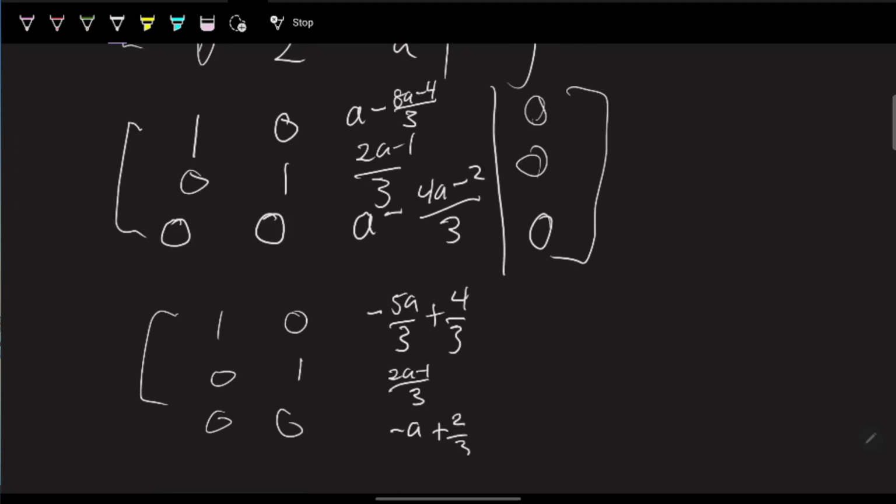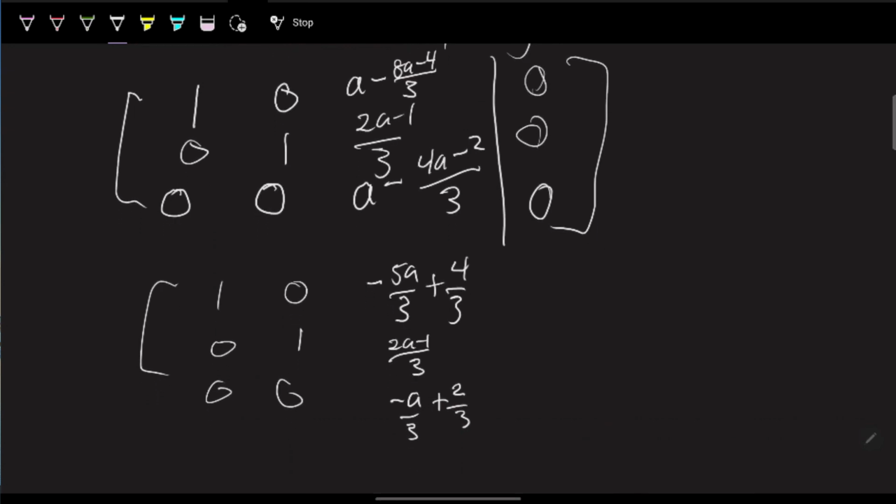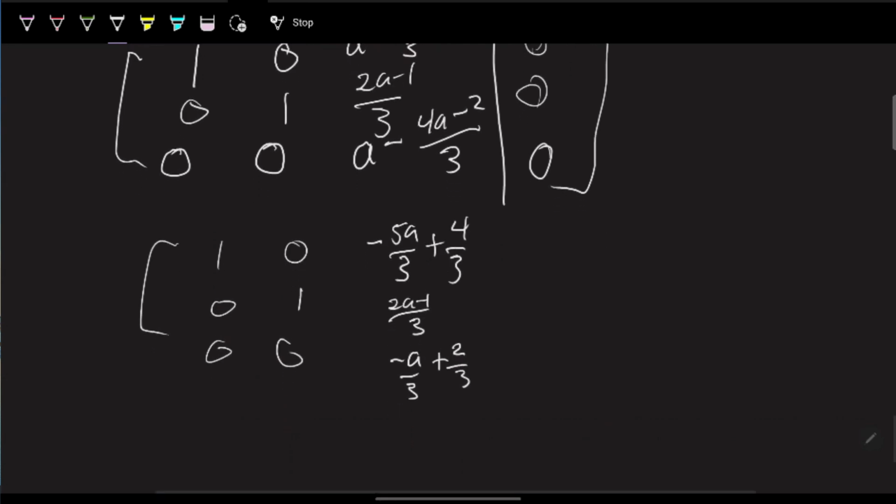Does this start to seem right? This is awful. So what I'm getting at this point is basically for any value of A other than A equal to 2, this looks like it's going to work out okay.